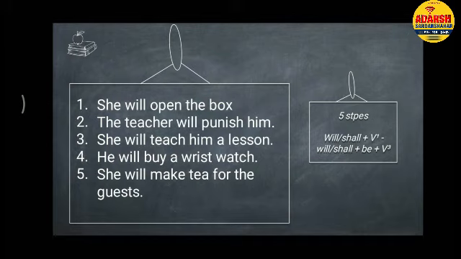Don't forget that in passive we always use verb's third form, and here also we're going to use verb's third form. All these sentences are of future simple tense, and in this video we've done this. So hopefully there would be no doubts related to it, but if you have, you can ask me.